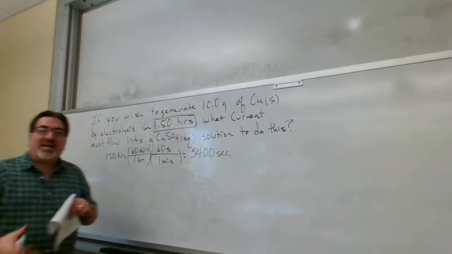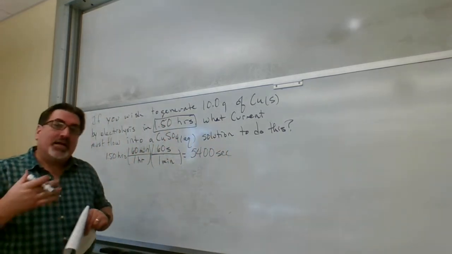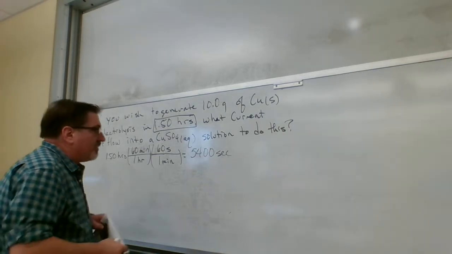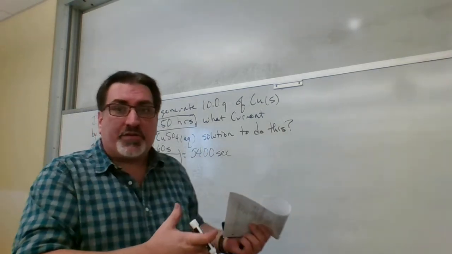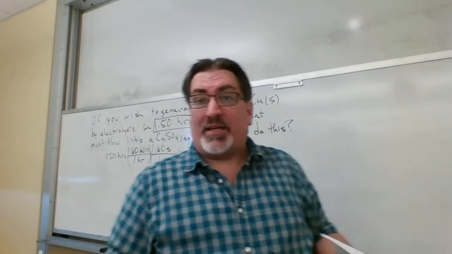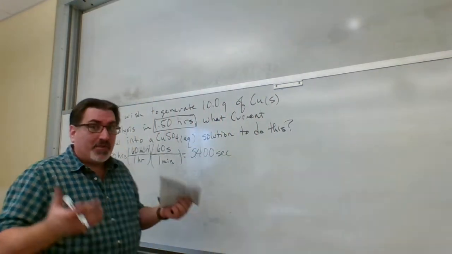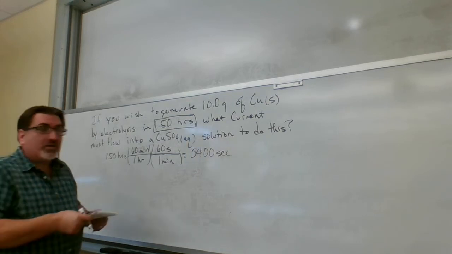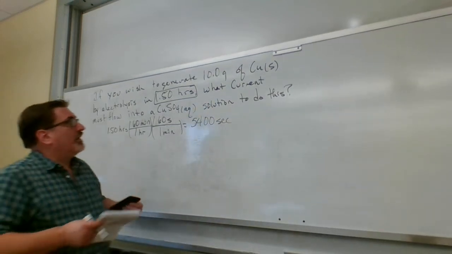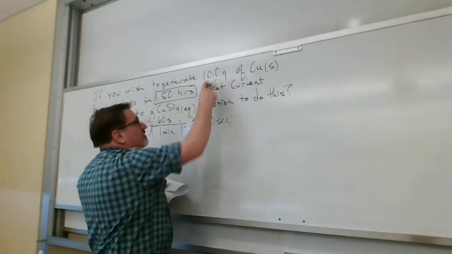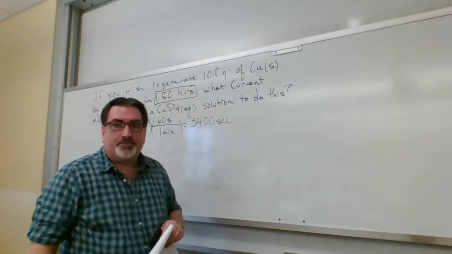Now the reason I got the time in seconds initially before we start setting up the rest of the problem is because while this one still uses unit conversions just like the last problem did, because it's a stoichiometry problem, and stoichiometry problems lend themselves to unit conversion setups, this one, we have 10 grams per 5,400 seconds.